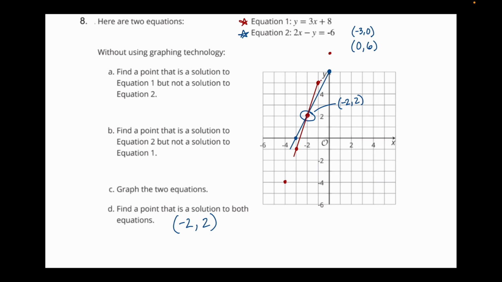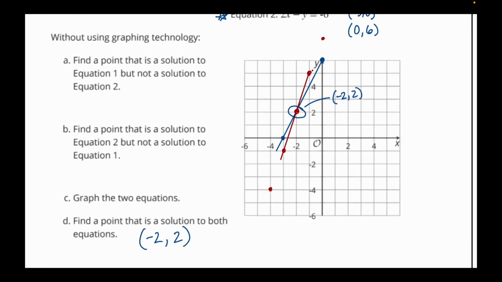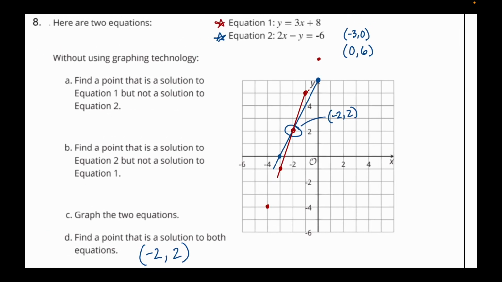I jumped ahead because apparently part C says graph the two equations. But we want to find a point that's a solution to equation 1, but not equation 2. Well, equation 1, that was my red line. So let's actually draw this one out a little bit longer. I can use any of my other points here. So let's use this one here. That's -4, -4.